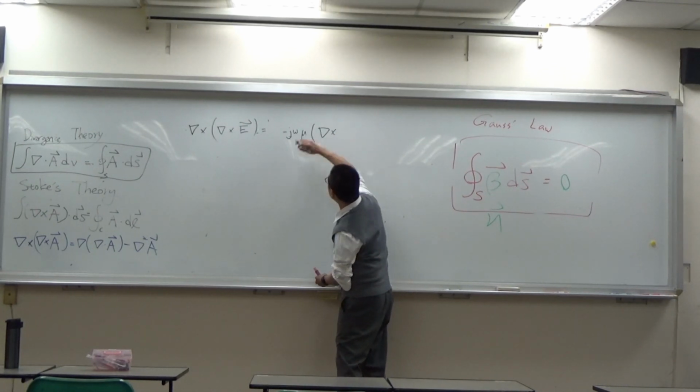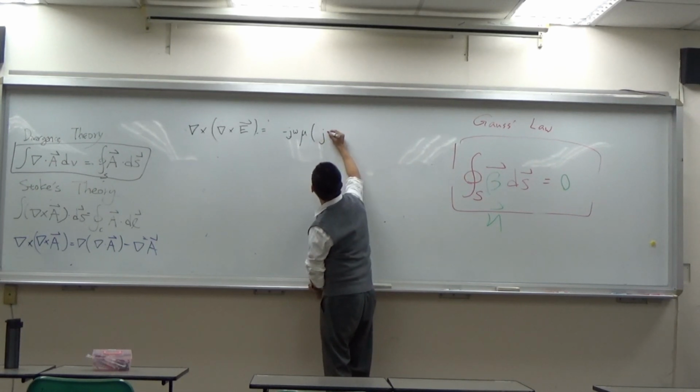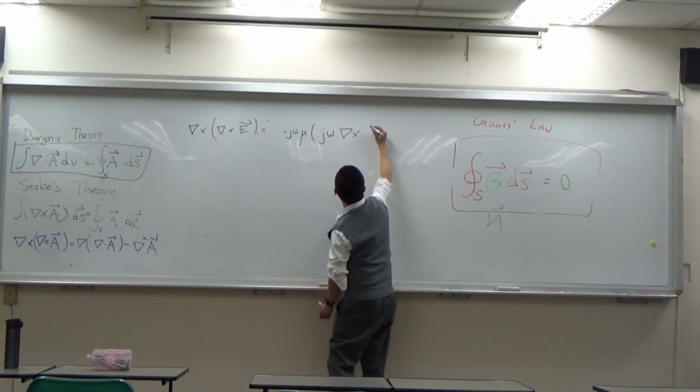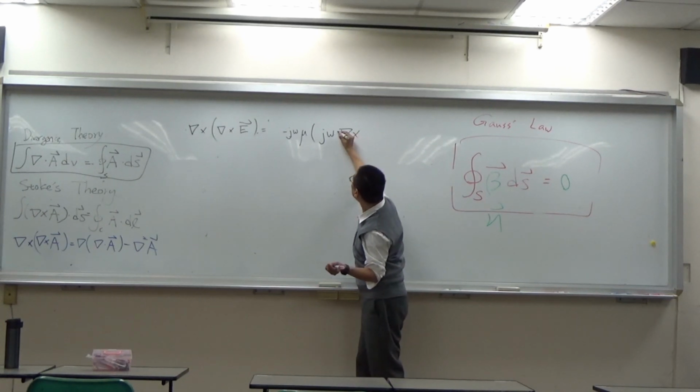I take a J omega outside, okay? J omega D is epsilon E, right?